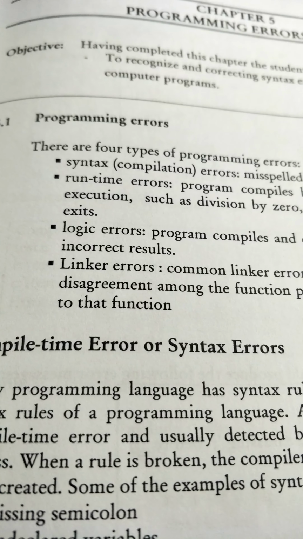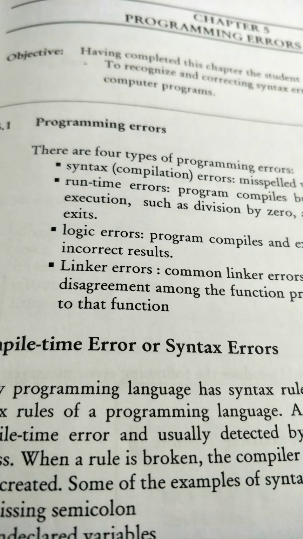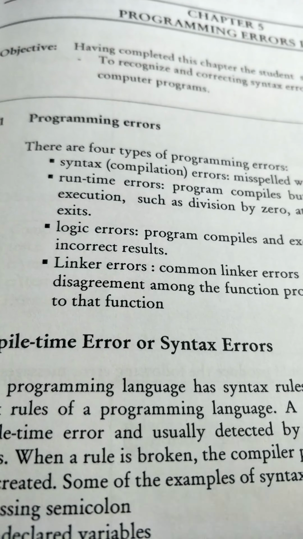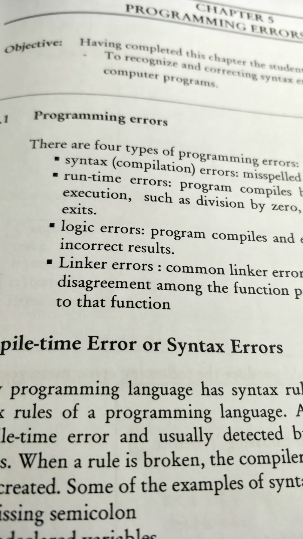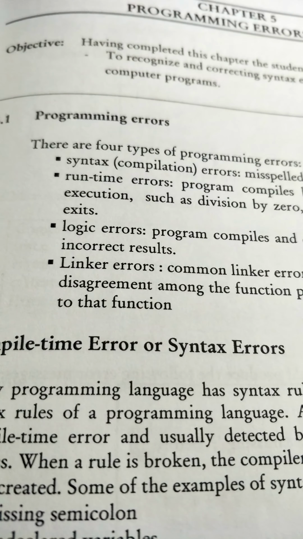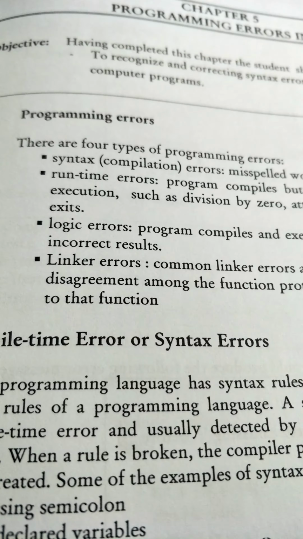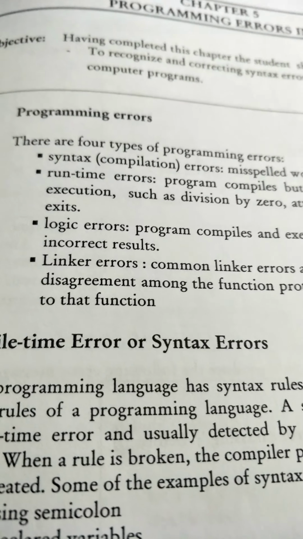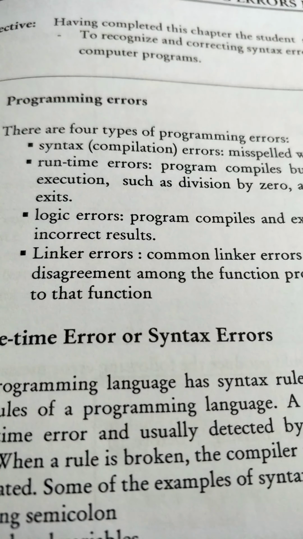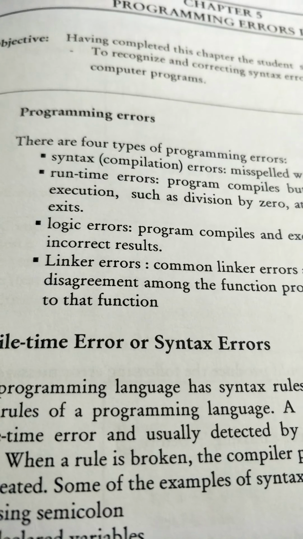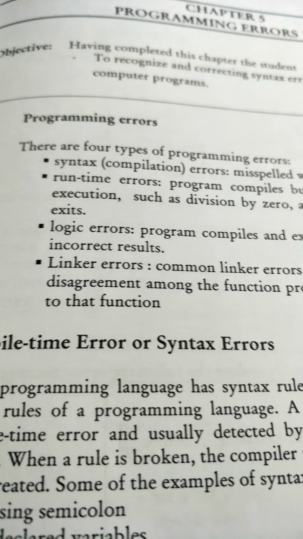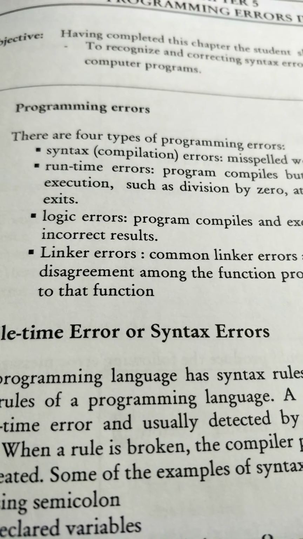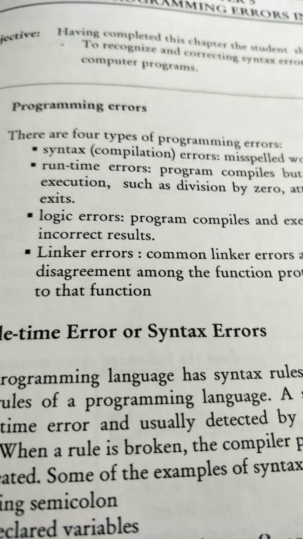You write a program, then you compile, then the compiler gives you an error saying unmatched parentheses, for example, or the variable is not defined, or you missed the semicolon. These are syntax errors, and the compiler will tell you where to look and what is missing. So it is easy to find.